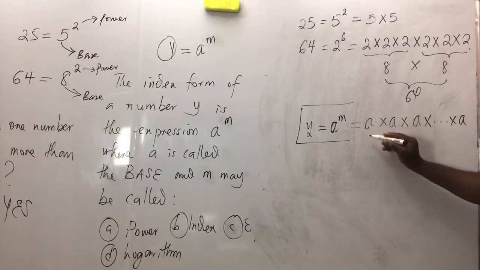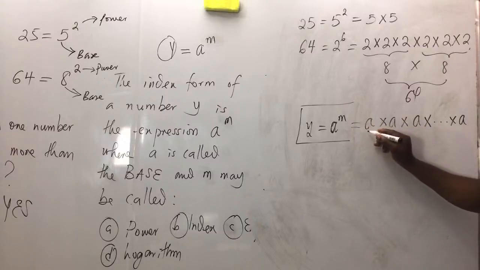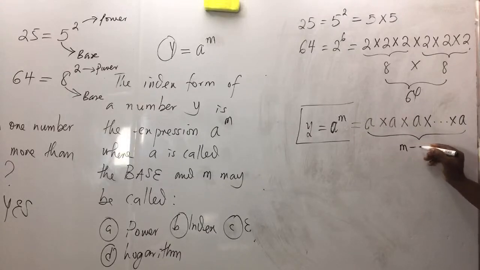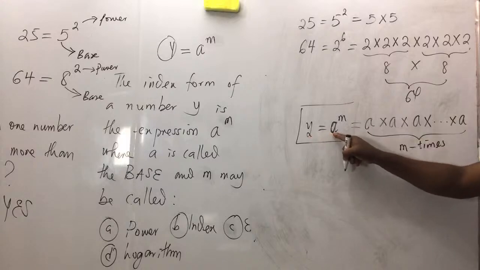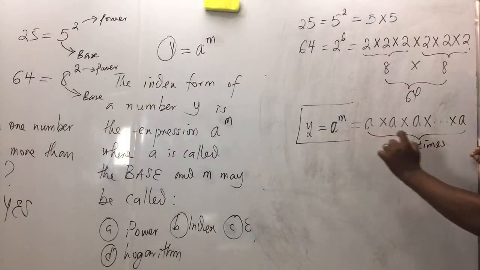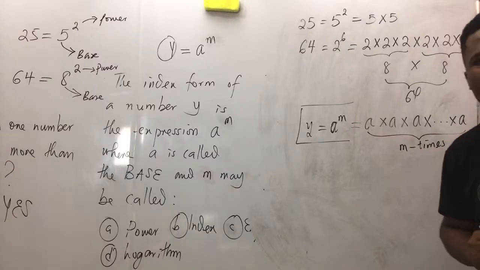To show that a is multiplying itself n number of times, I'm going to put underneath this n times. So y equals a raised to the power n simply means that the base a is multiplying itself n number of times. So please take note of this notation, it will help us in understanding the laws of indices.